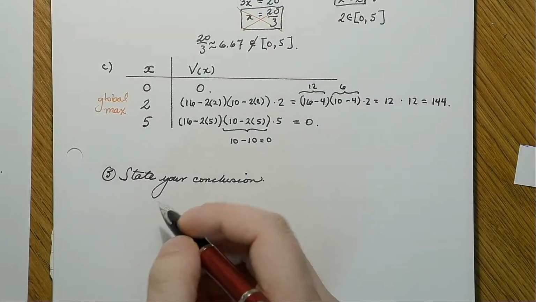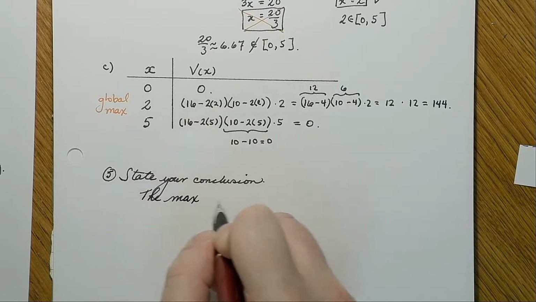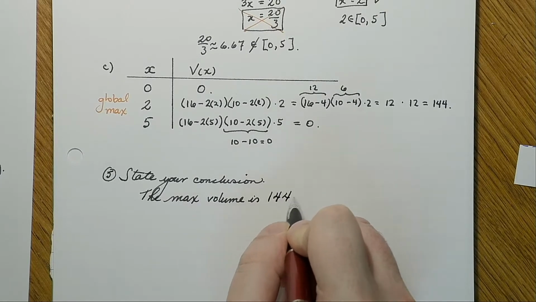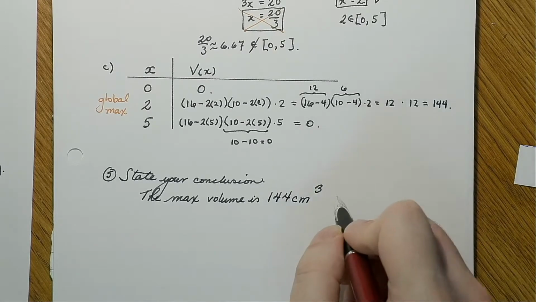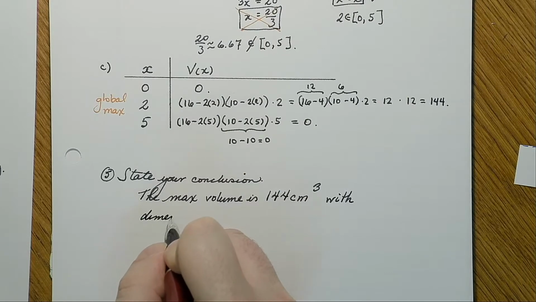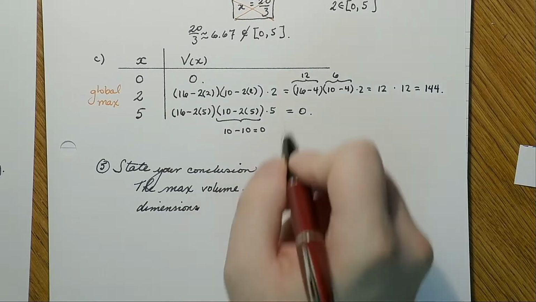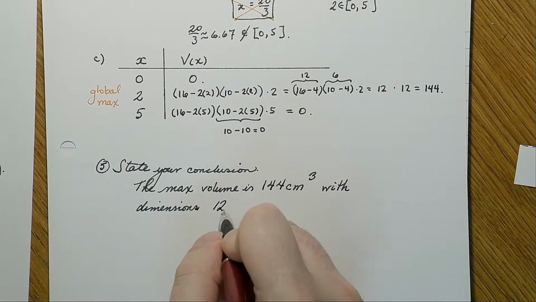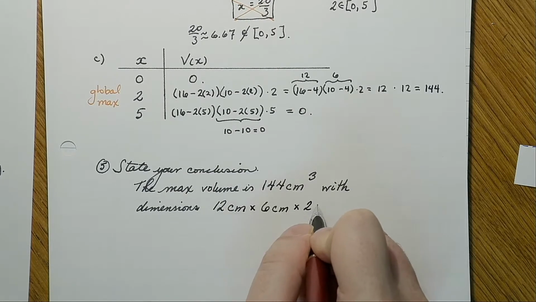So I can tell you that the maximum volume is 144 centimeters cubed with dimensions, and I can actually read them off: 12 centimeters by 6 centimeters by 2 centimeters.